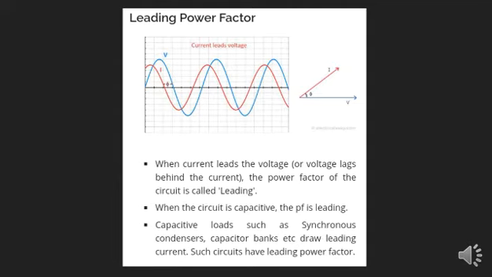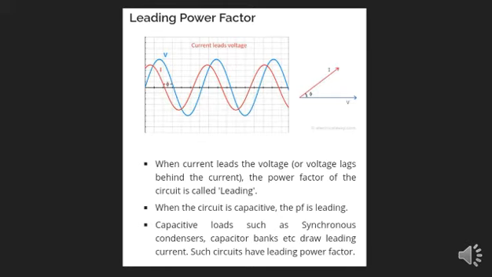You can see the difference in the graph and the angle representation between leading and lagging. When current leads the voltage or voltage lags behind the current, the power factor of the circuit is called leading.